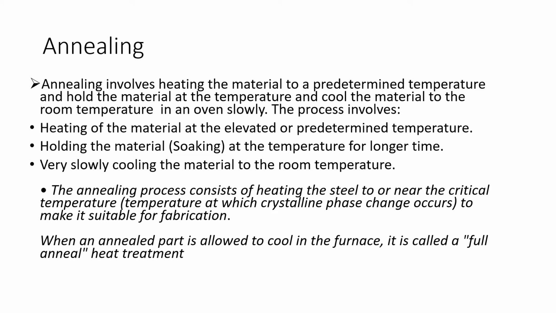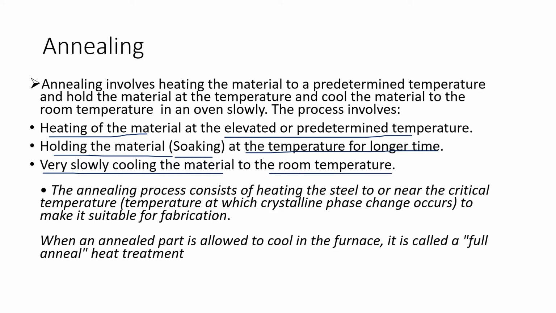The process involves the heating of a material at the elevated predefined temperature, holding the material, we call it soaking, at the temperature for a longer time. Usually we do it in the oven. Very slowly cooling the material to the room temperature.